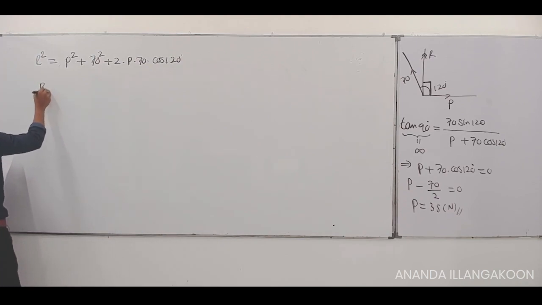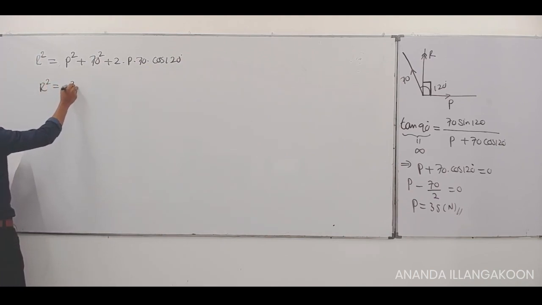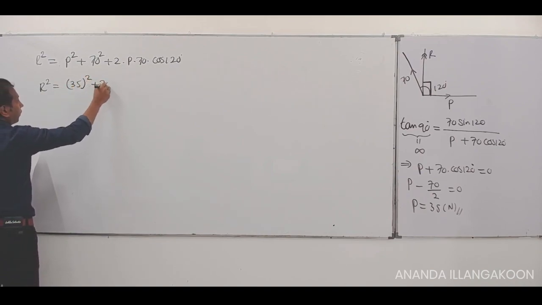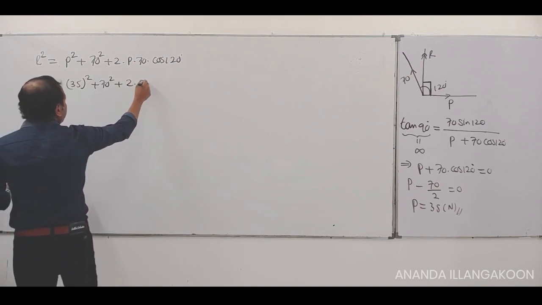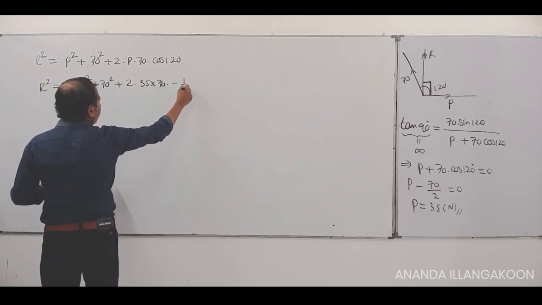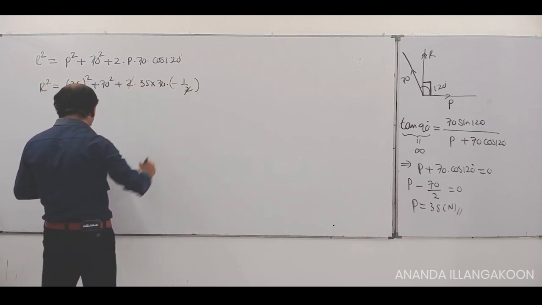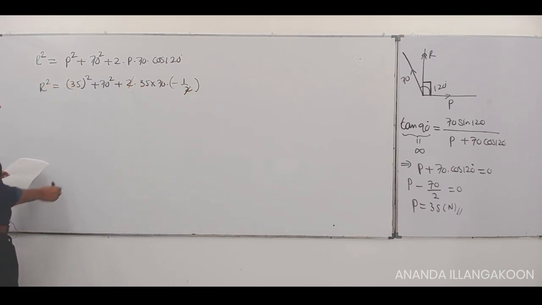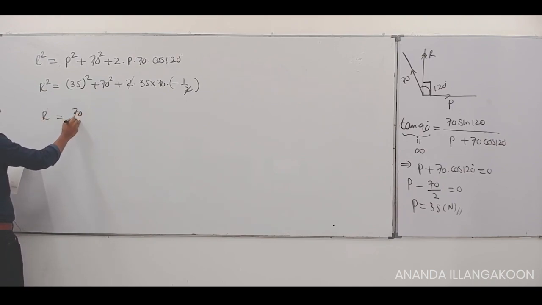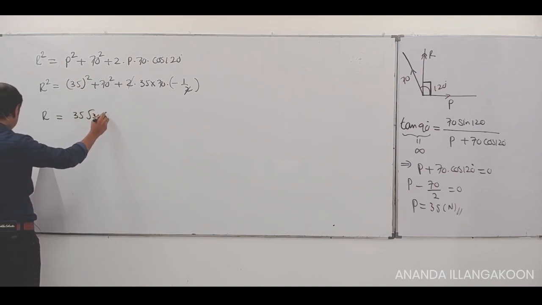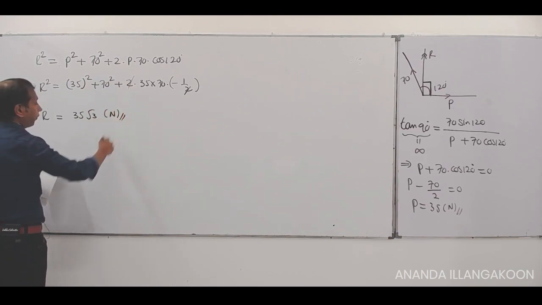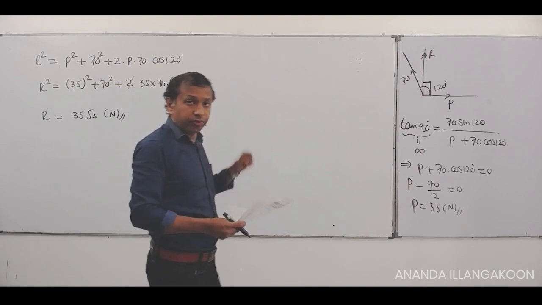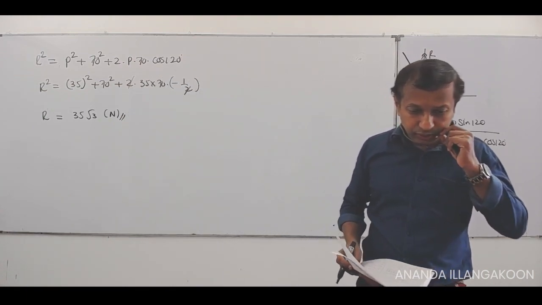Then R squared, P we know is 35 squared, 70 squared, 2 into 35 into 70 cos 120 is minus half. These two we can cancel out. Right. So then, simplifying this, we get 35 root 3 newtons. By simplifying that, you can take this answer, right?